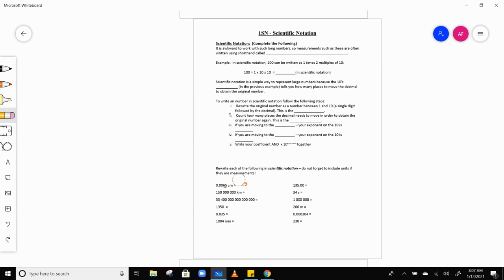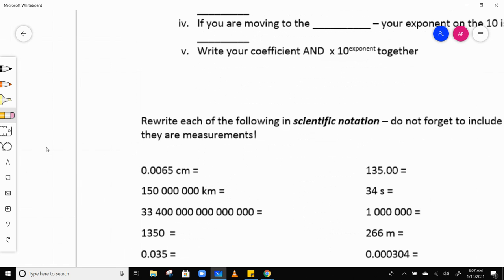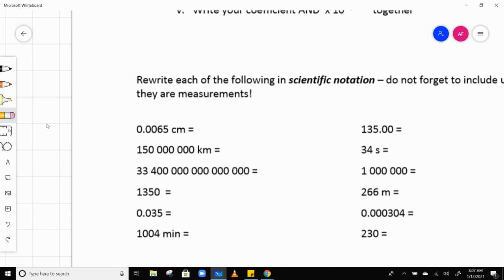Bear with me for a second here. I'm just going to make this a little easier for myself. Okay, we start with a regular number. So again, 6.5. And it's going to be times 10 to some power, right?